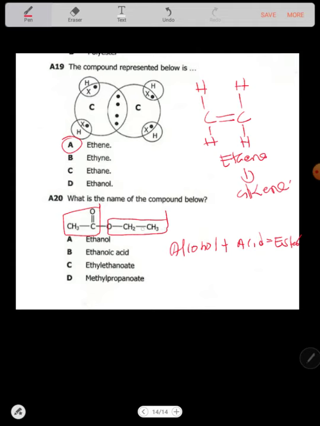You can see, this is ethanol. Then this is ethanoic acid. So we have ethanoic acid reacting with the ethanol. So this will be ethyl ethanoate.